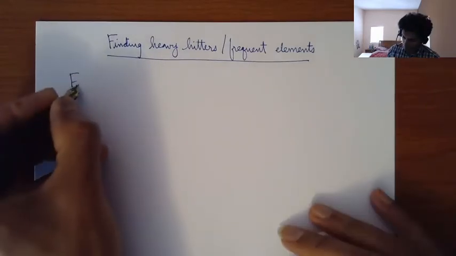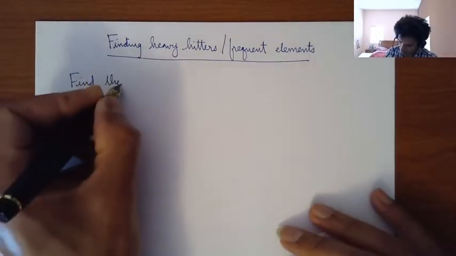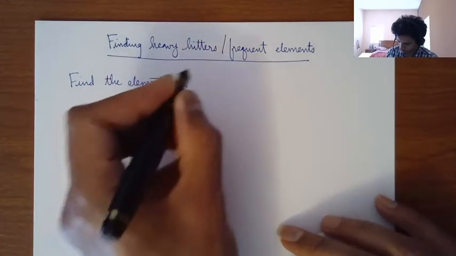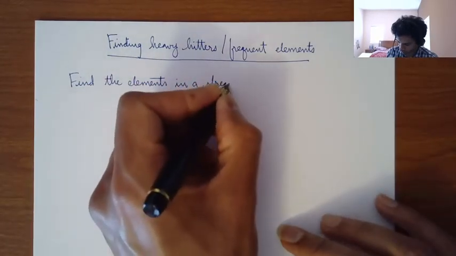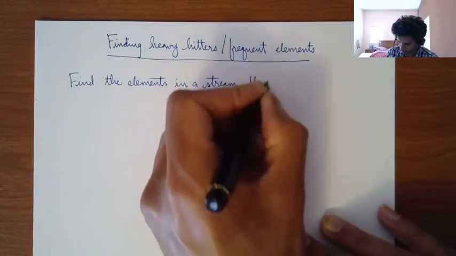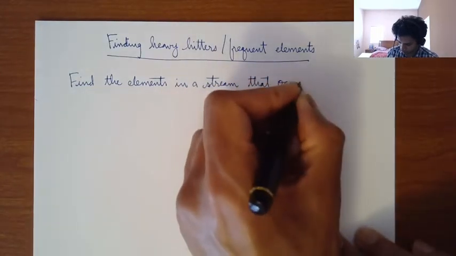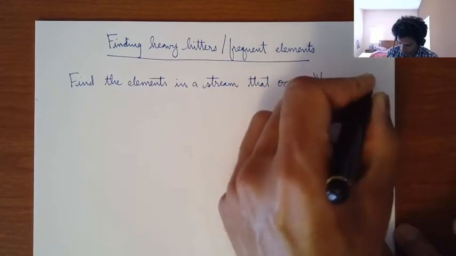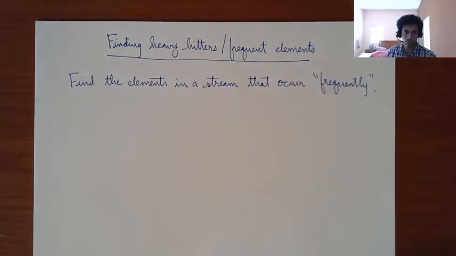So find the elements in a stream that occur frequently.